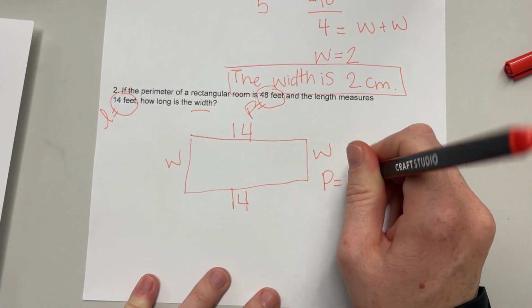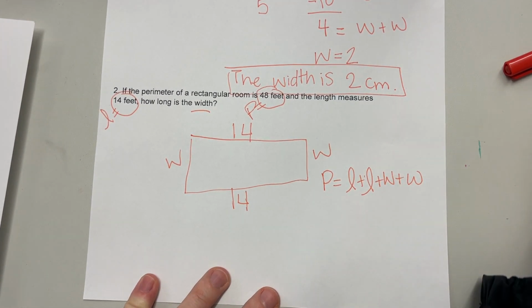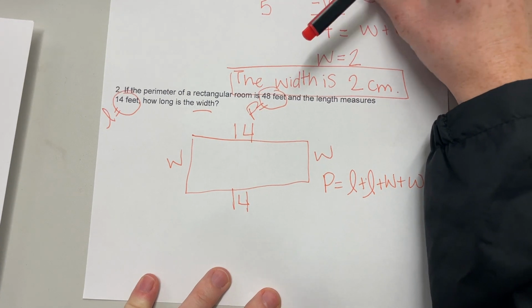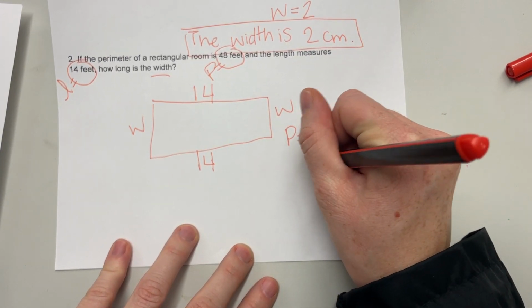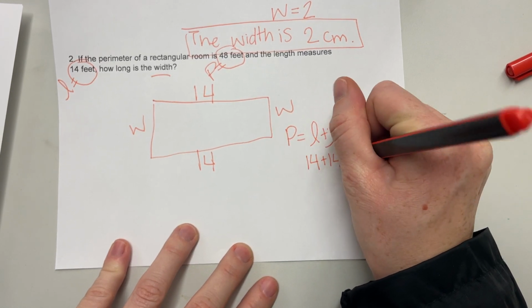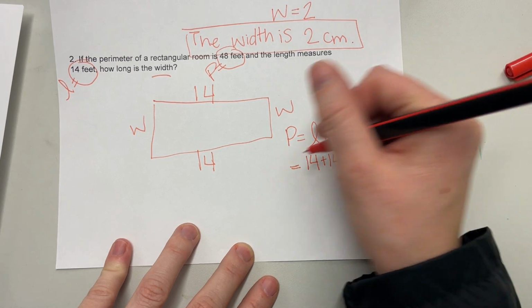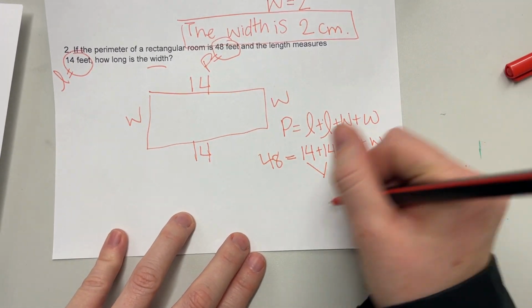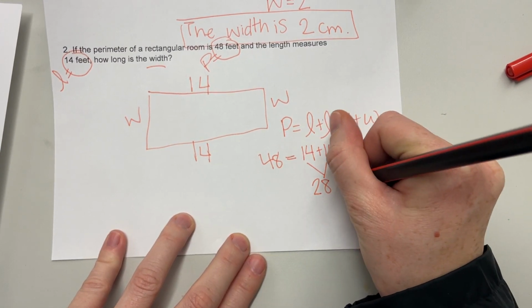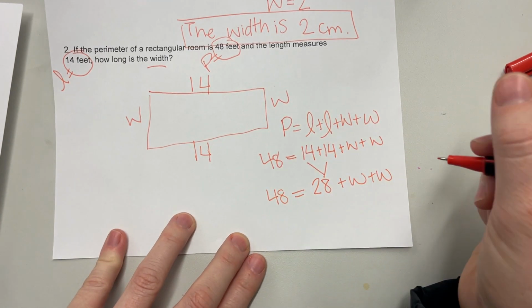P equals L plus L plus W plus W. I'm going to substitute with my known information. So I have 14 plus 14 plus W plus W equals 48. Now I need to add those. I get 28 plus W plus W equals 48.